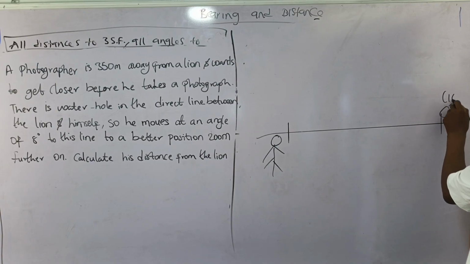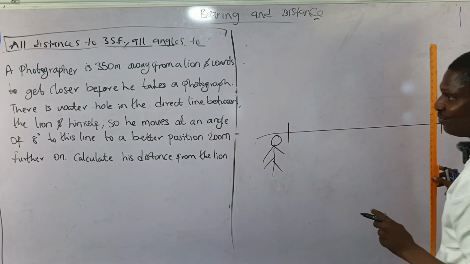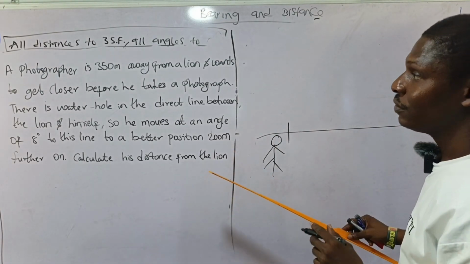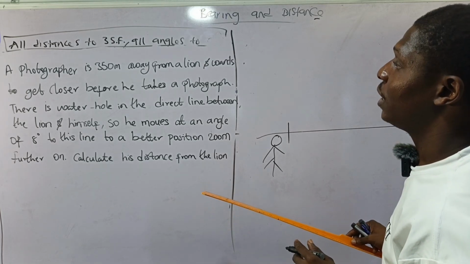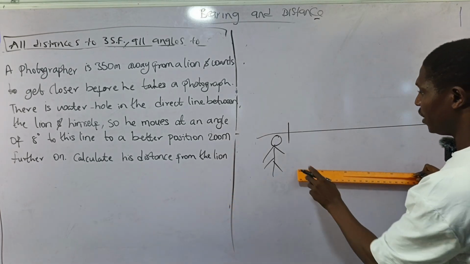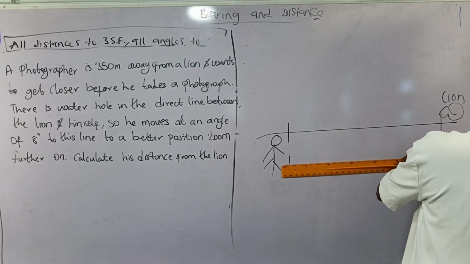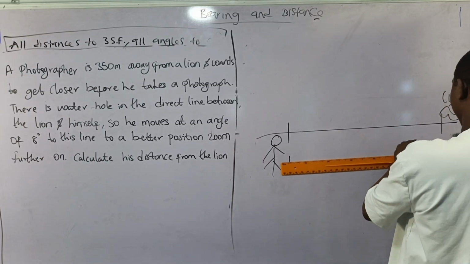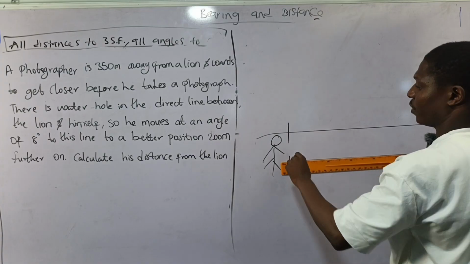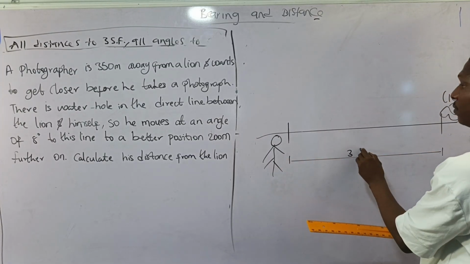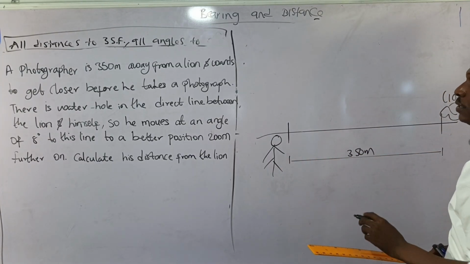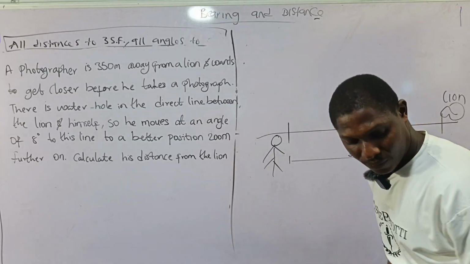Let's assume this is the lion. I'm not good at drawing, please. Now, the distance between him and the lion is 350 meters.